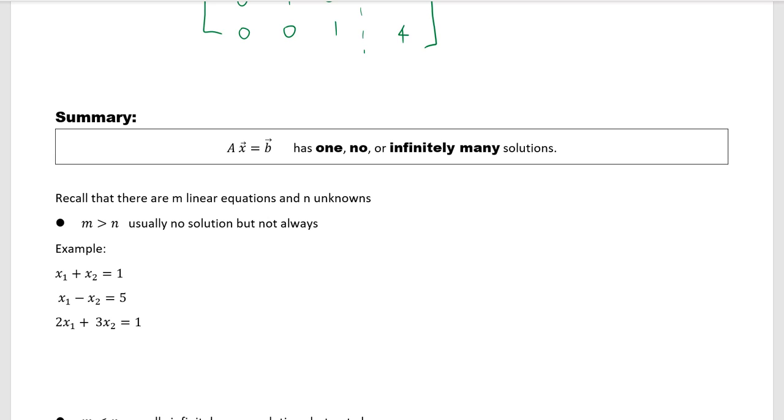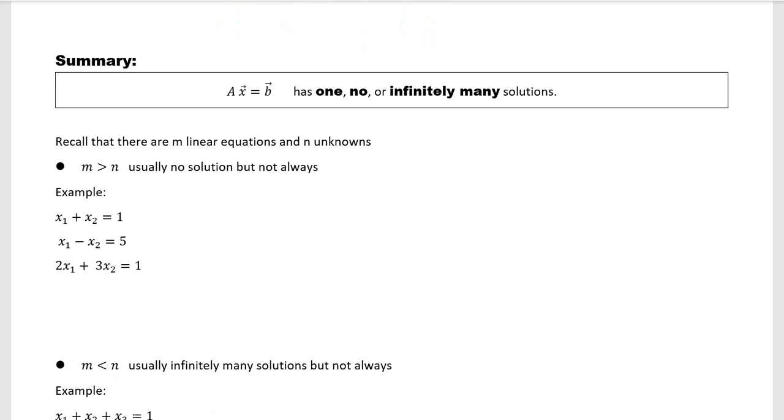Now if we change the number of equations and the number of unknowns, let's see what happens. First of all, let's look at what happens if m is greater than n. It means the number of equations is greater than the number of unknowns.